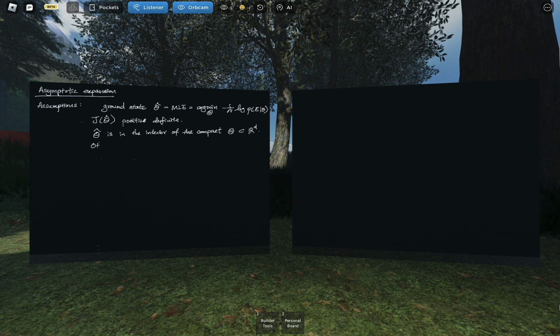And finally, other local minima have energy bounded away from H of the minimum by a positive constant B. So what that implies is this is a unique ground state, right?